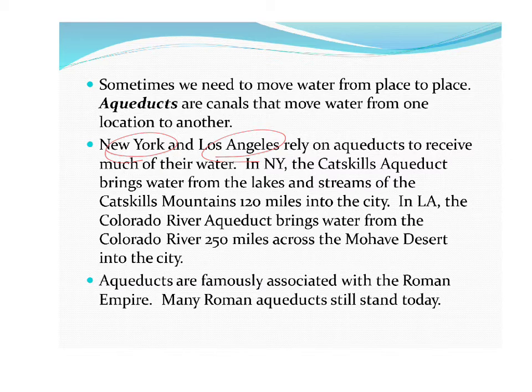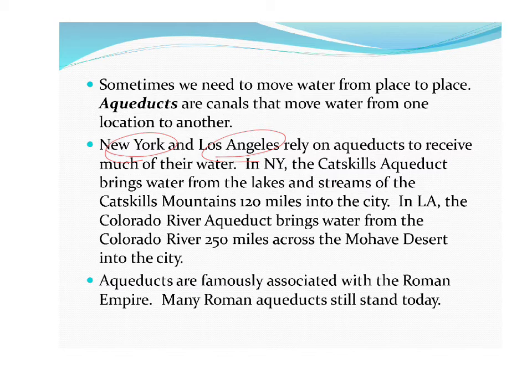Angelinos are subject to water restrictions quite a bit because if the flow of the Colorado was low that year from lack of snowmelt or whatever, Los Angeles doesn't get all the water that they need. And it's a very water hungry city. So they practice a good bit of water conservation over there.